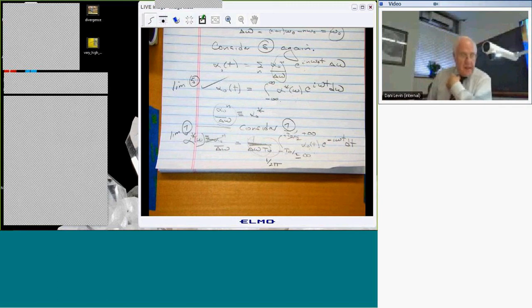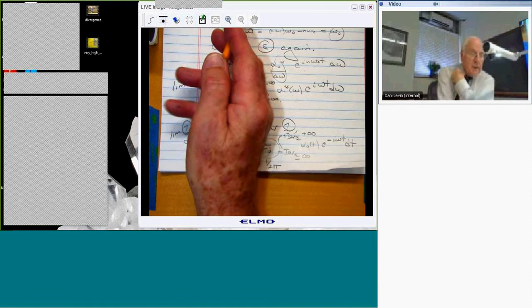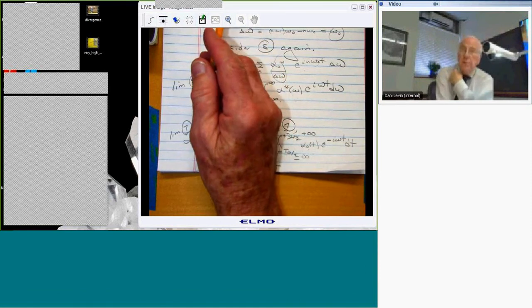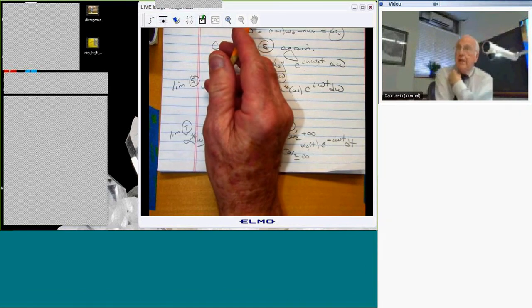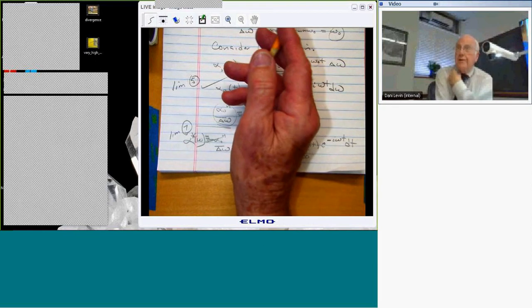So if I want to now look at equation 6, what I'm going to do here is I'm going to divide by delta omega and multiply by delta omega, and this sum is going to become an integral, right?